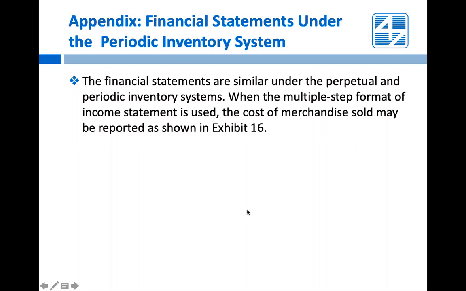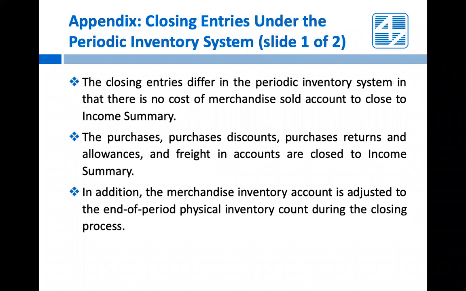The financial statements are basically the same as perpetual. The closing entries system is the same, the flow is the same, but you would have different accounts here, because you have purchase discount, purchase returns and allowances, and transportation account, which are closed to income summary.